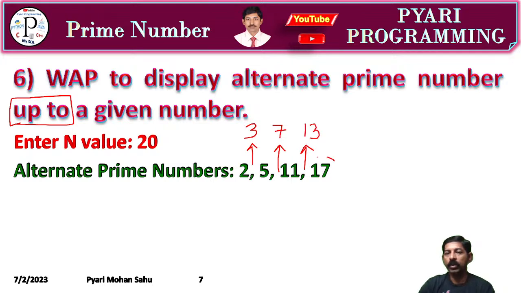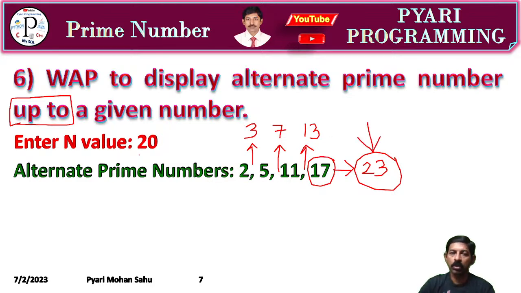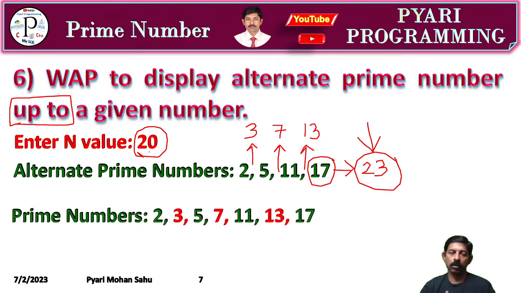And I'm stopping over here because the next prime number is 23, and it is coming in the alternate position as well as going beyond the scope of the user entered number. So these are the alternate parts which I'm skipping.